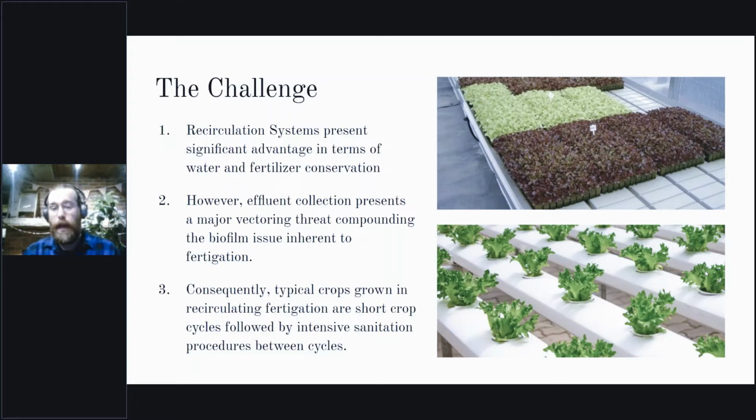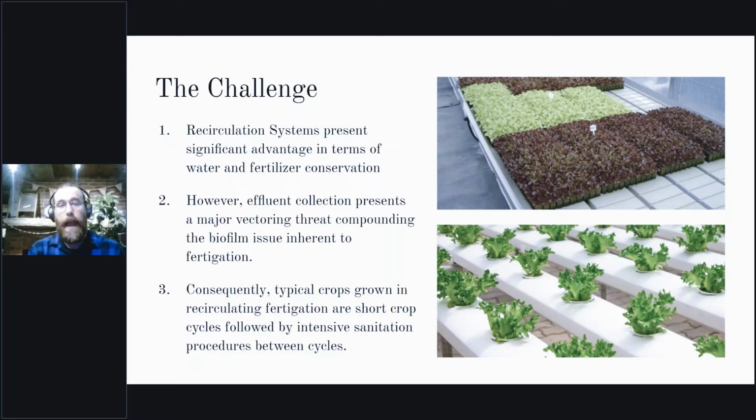You can imagine if you've got pythium in one part of your system, you collect it in a central return. Next thing you know, you're inoculating your entire farm. And so where we see these systems currently is typically crops with short crop cycles, which allow an operator to decontaminate the system fully between cycles at a regular interval.